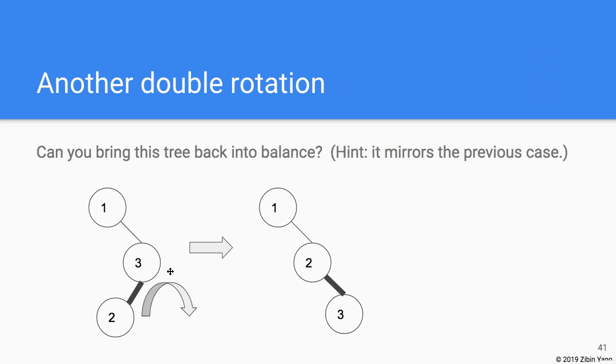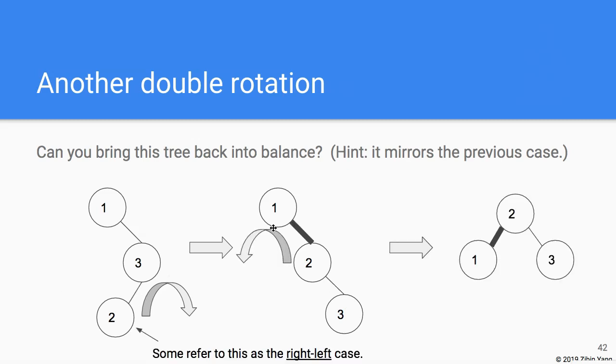Bring 2 up, and then put 3 as the right child of 2, and then we rotate the other way at the top, and we bring 2 up to the top, and then 1 as the left child of 2. So this is, as you might guess, the right-left case. So there are just these two types of double rotations.